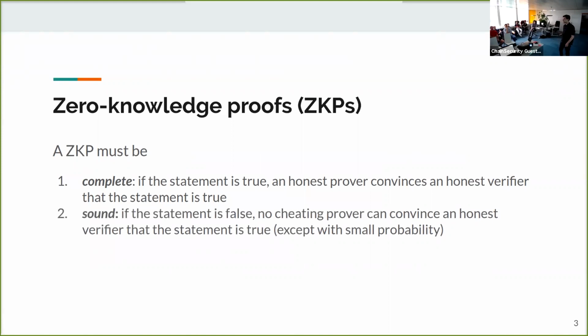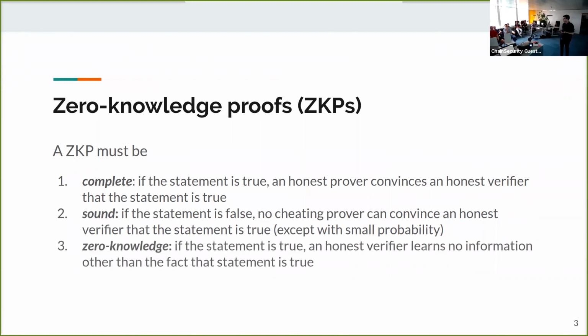Soundness means that if the statement is not true, a prover cannot cheat the verifier and convince him that it's true, except with maybe some small probability, and usually in zero-knowledge proofs you would have a negligible probability there. Completeness and soundness, I guess some of you will be familiar with those terms. They are not specific to zero-knowledge proofs, just general properties you would also encounter in verification.